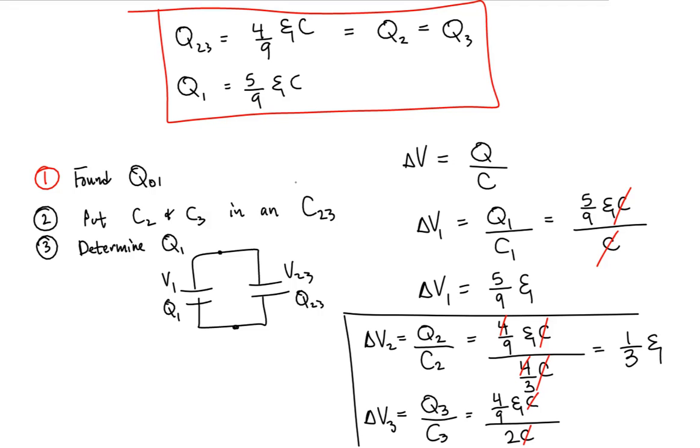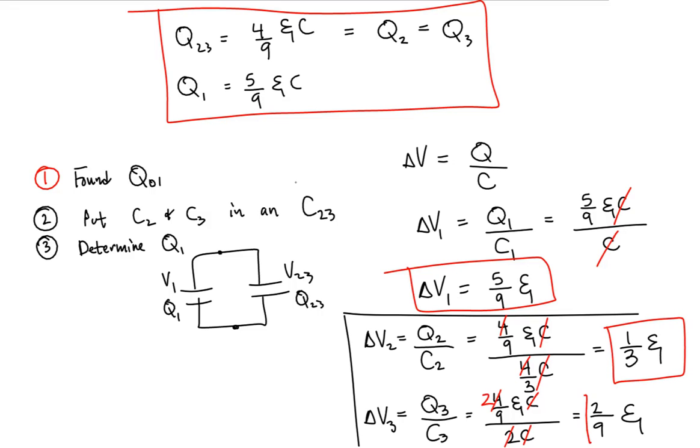So this 2 cancels with one of those. So we have 2/9 times the EMF of our charging power supply. So we've now found each potential difference and the charge on each of our capacitors.